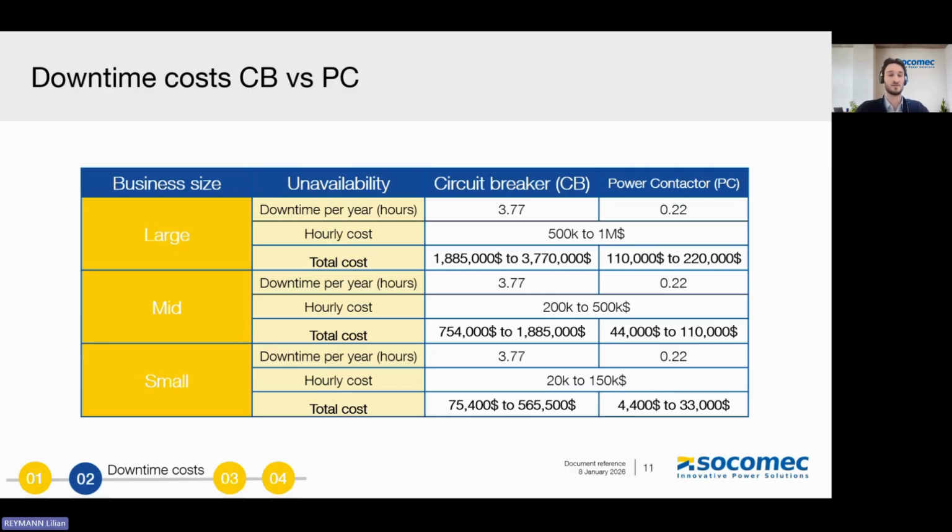But this is an average. If you look at bigger business sizes, such as big data centers or large financial companies, it could be financial loss such as $5 to $10 million per hour, which is a big loss for such infrastructures.